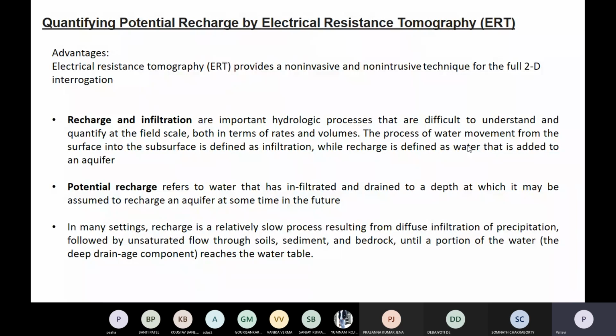Recharge is the movement of water from surface to subsurface. If it is movement of water in the unsaturated zone, it's called infiltration, and when it reaches the saturated zone, then it's called recharge. So once we discuss recharge, we will also discuss the movement of water in the vadose zone or unsaturated zone, right?